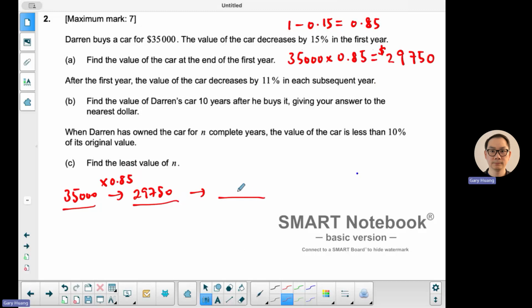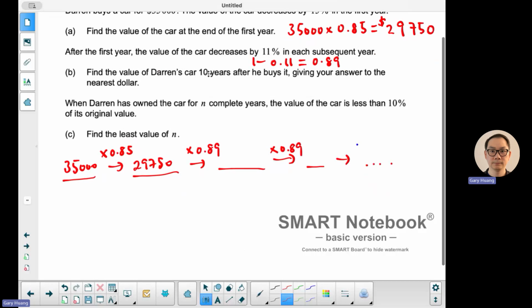Then every subsequent year, I'm not multiplying by 0.85 anymore. When you decrease by 11%, then you're left with 89% of what you had the year before. So multiply by 0.89, multiply by 0.89, and so on and so forth.